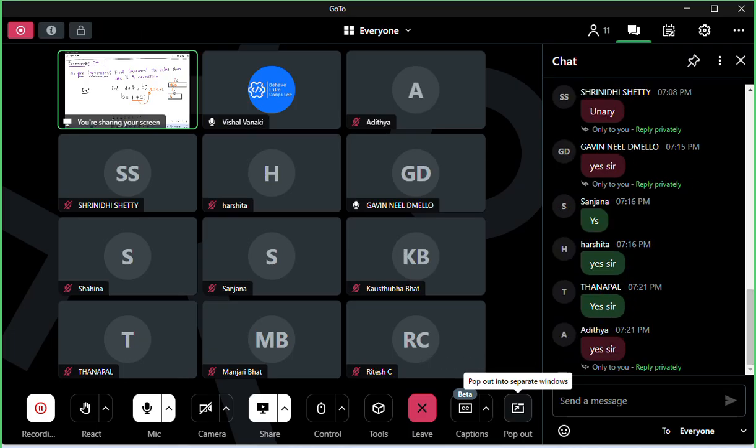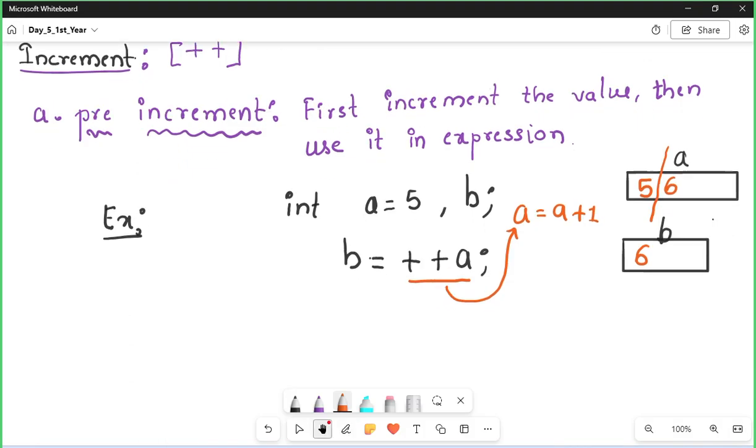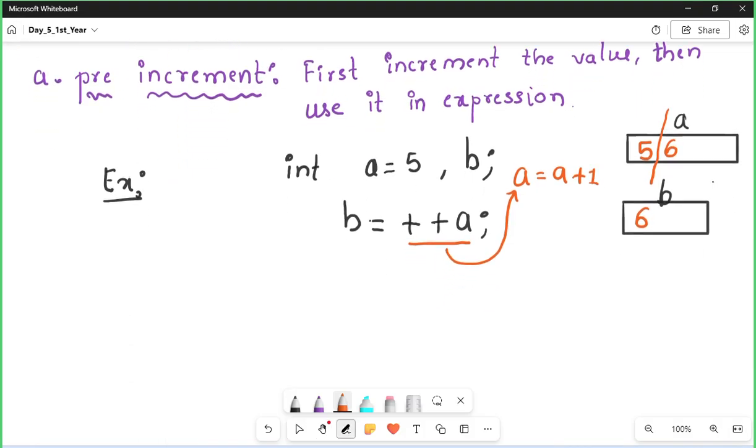Okay. Simple expression. Now similarly, if you go with the second one, post increment. So what is the meaning of post increment here?